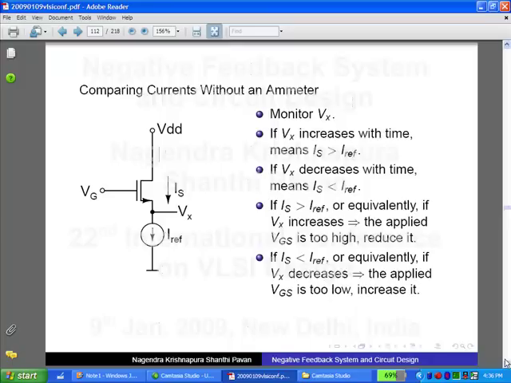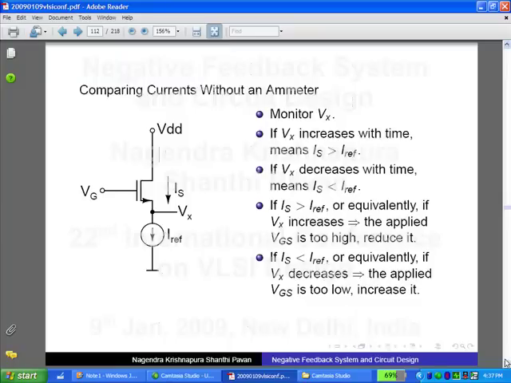This node potential will increase because there is more charge being pumped into this node than being withdrawn from this node. But if Is is greater than IREF, what does that mean? VGS is too high, correct?